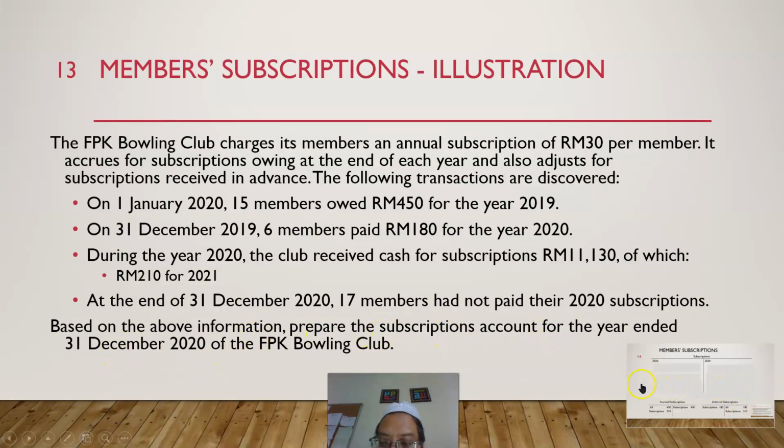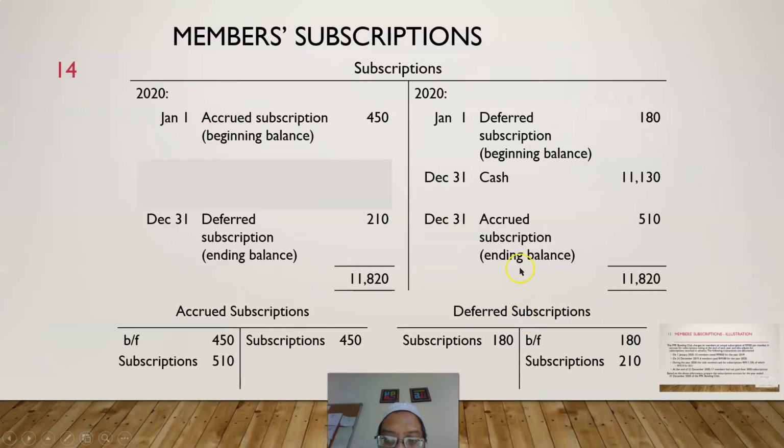So we have partially completed our subscription account. We total up the credit side, and we get 11,820. So there's a deficiency on the left side, a credit balance of the subscription account.